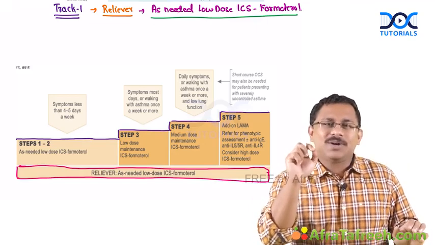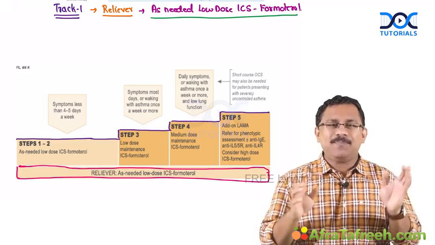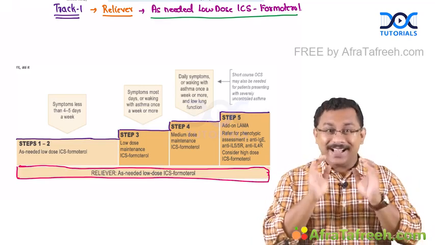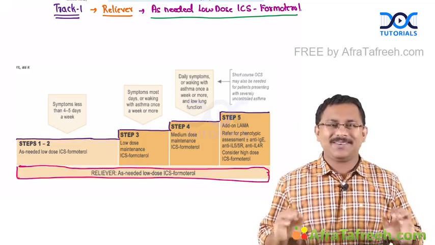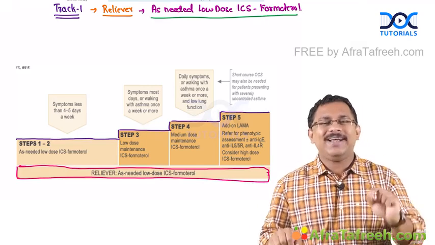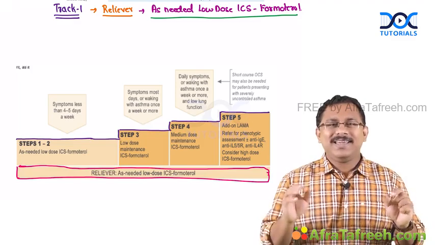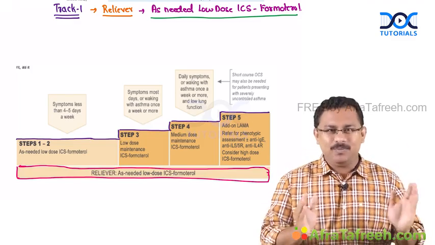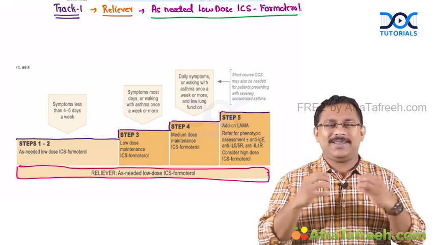So when it comes to controller, step 1 and step 2 in track 1 are grouped together. Now, why is it grouped together in track 1? Because step 1 and step 2, the controller therapy is same, which is why it is categorized together.